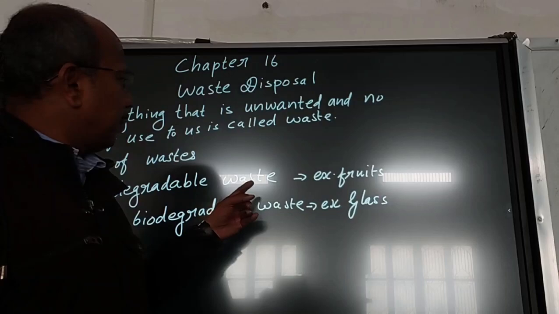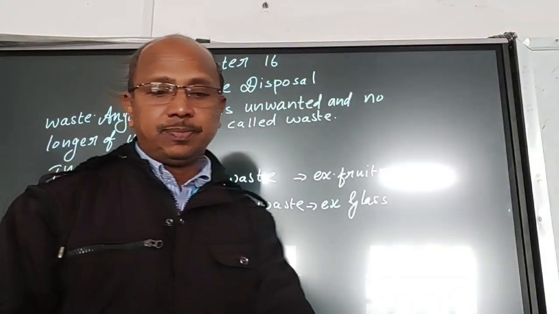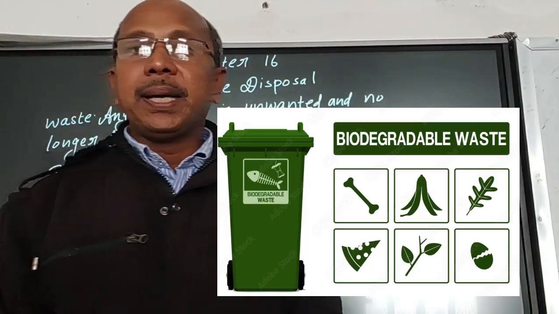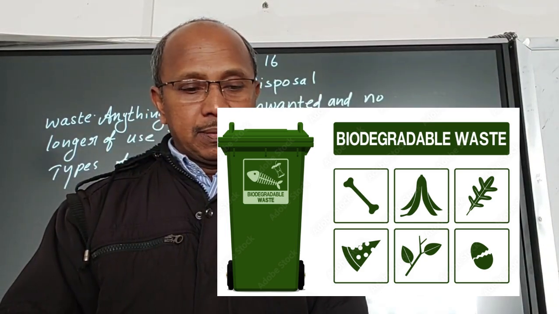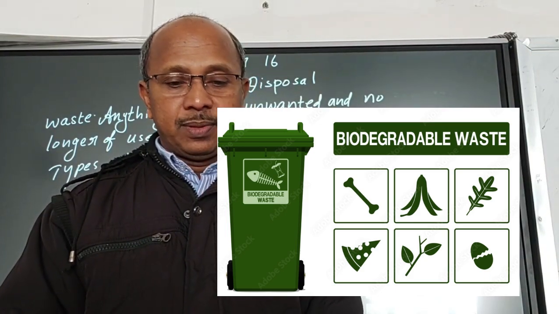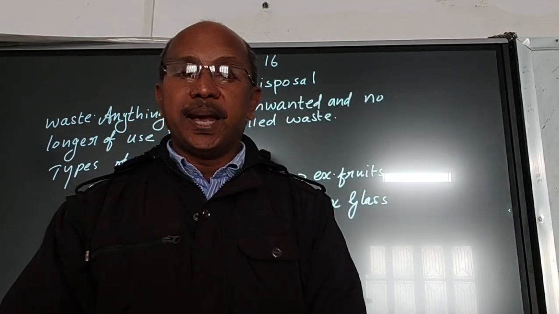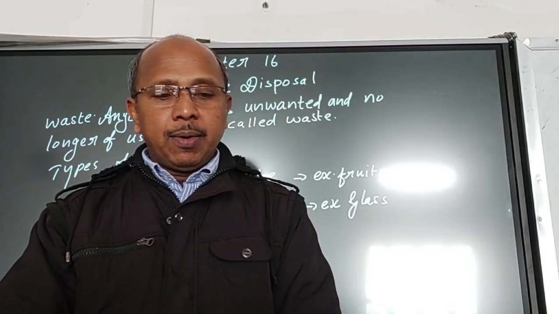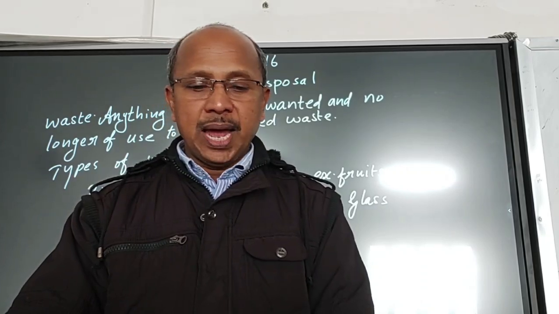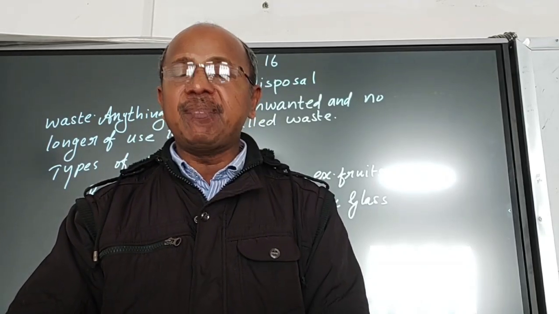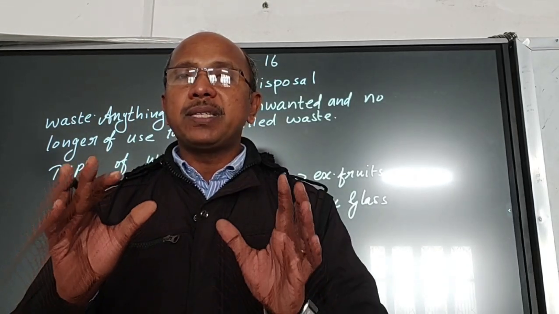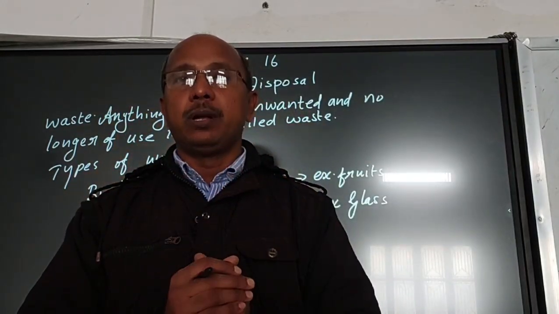Biodegradable waste, for example fruits, leaves, vegetables, etc. What do you mean by biodegradable waste? Biodegradable waste can rot and mix easily with the soil, like leaves, fruits, paper, bread, wood, etc. It can easily mingle with the soil.